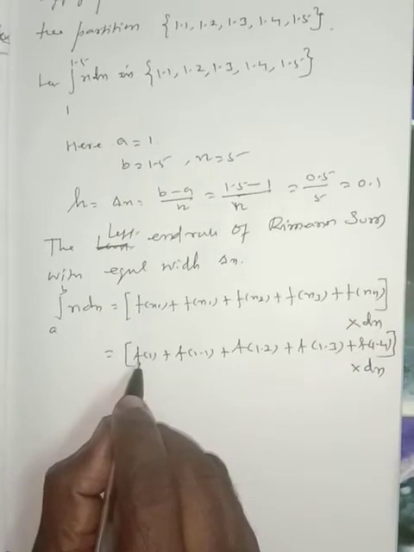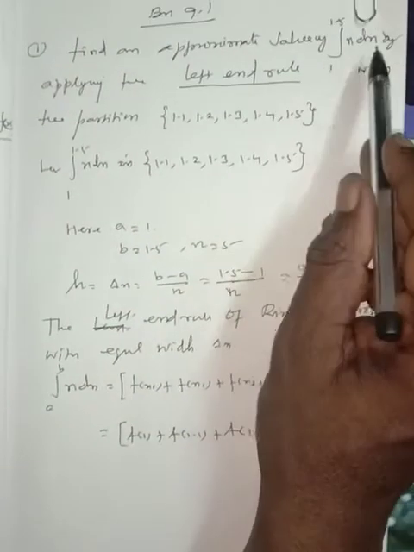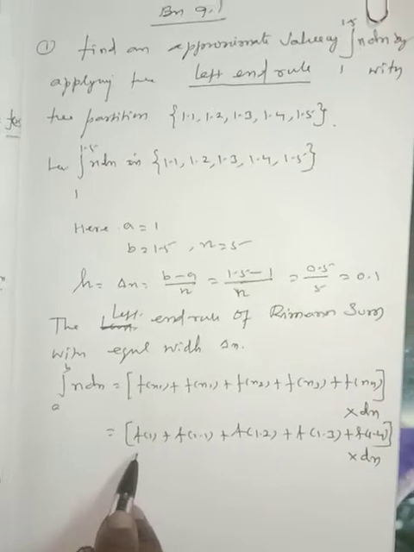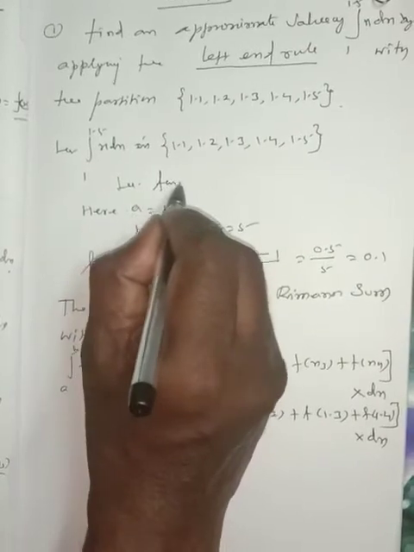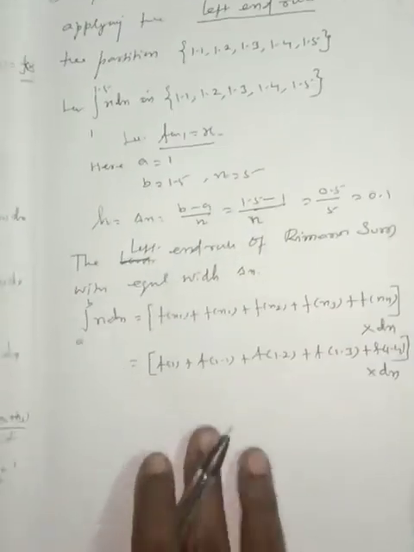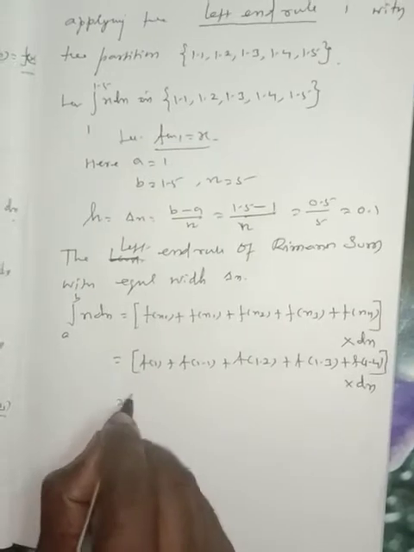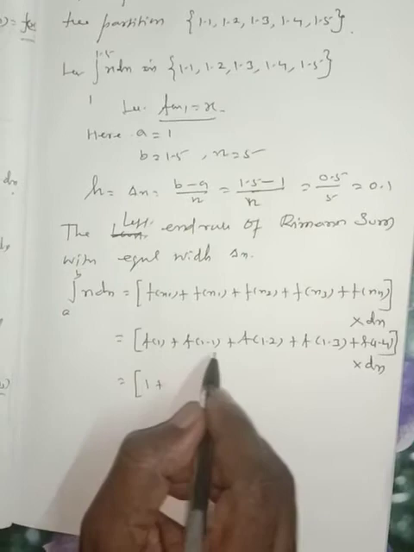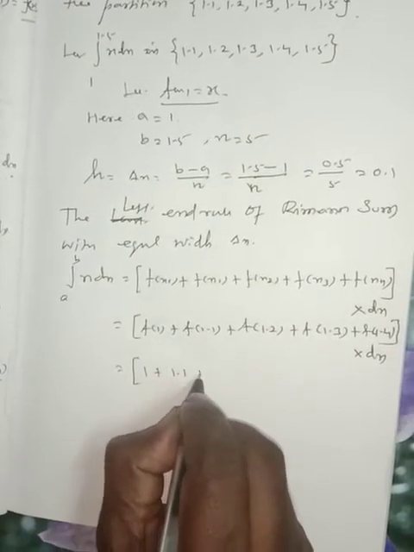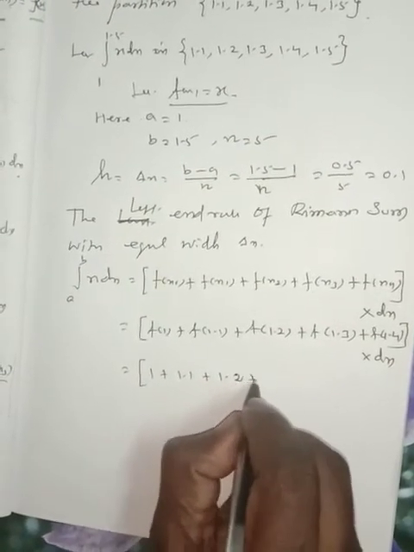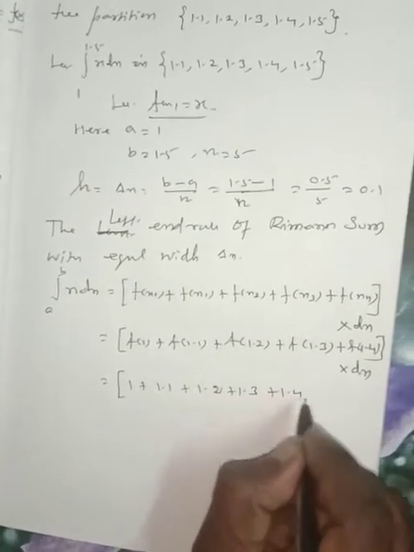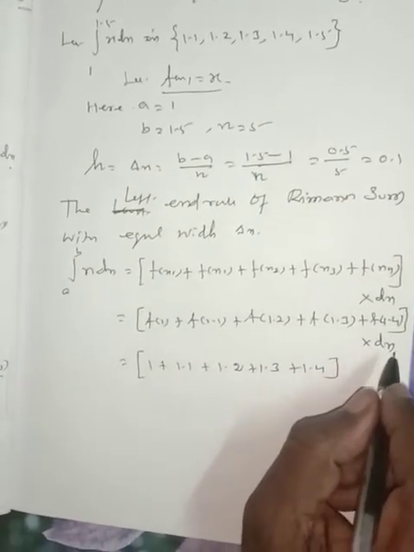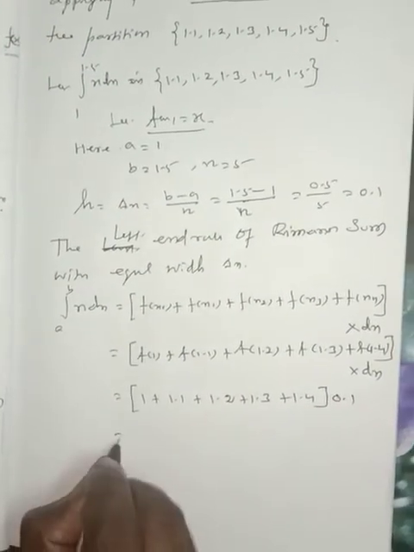We know that in this case f of x is equal to x. Applying x equal to 1, plus x equal to 1.1, plus 1.2, 1.3, 1.4, times dx, where dx means h, the deviation, which is 0.1.